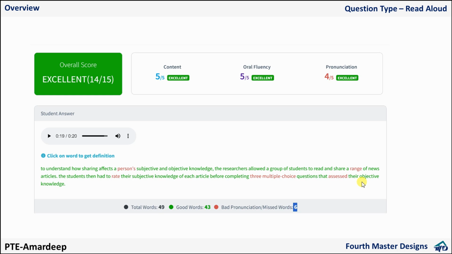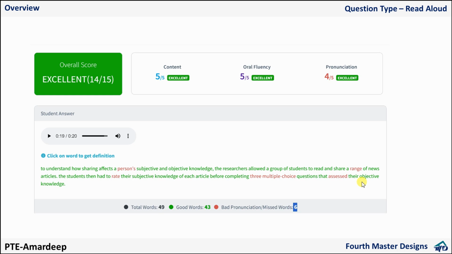The marking in questions and the marking in mock test is totally different. Why? Because no portal service provider is using the same algorithm or technology. Evaluating software, they don't use exactly the same thing in question practice.